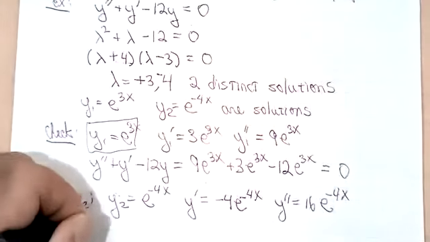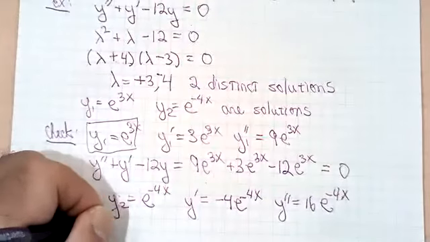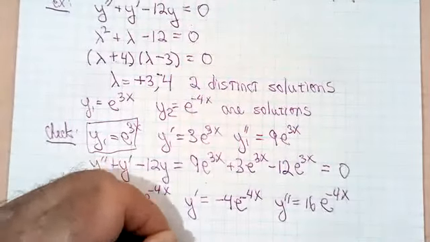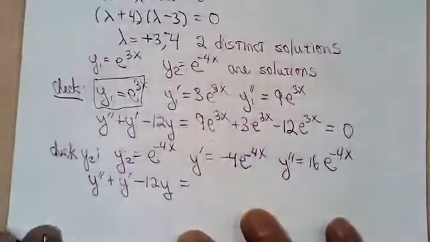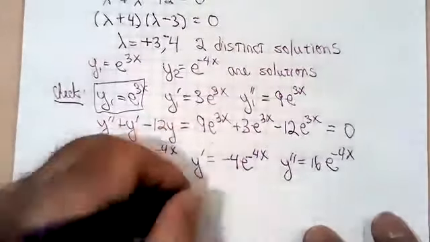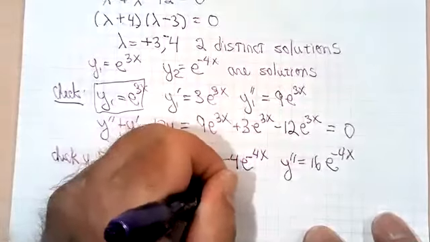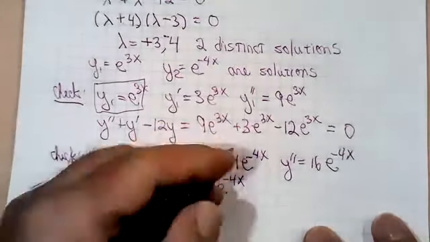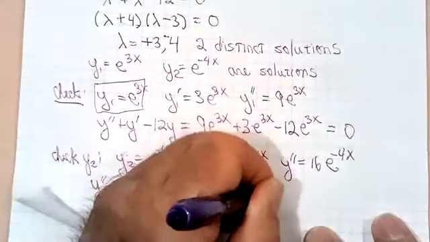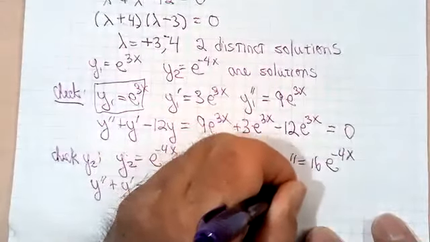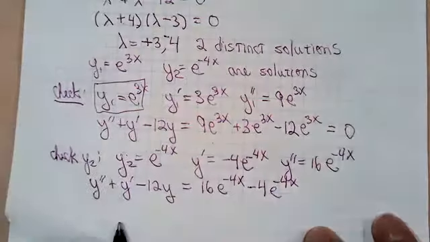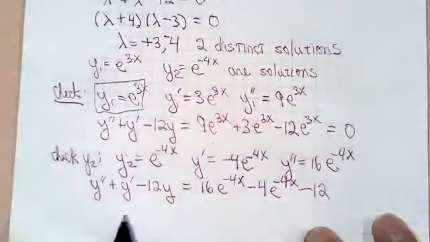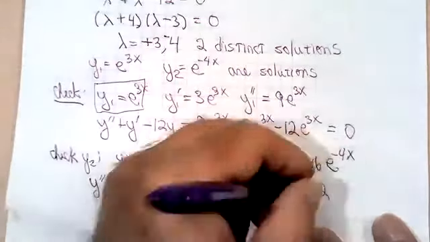So the original ODE is y double prime plus y prime minus 12y. And y double prime is 16 e to the minus 4x plus y prime, minus 4 e to the minus 4x. And minus 12 times the original y, e to the minus 4x.